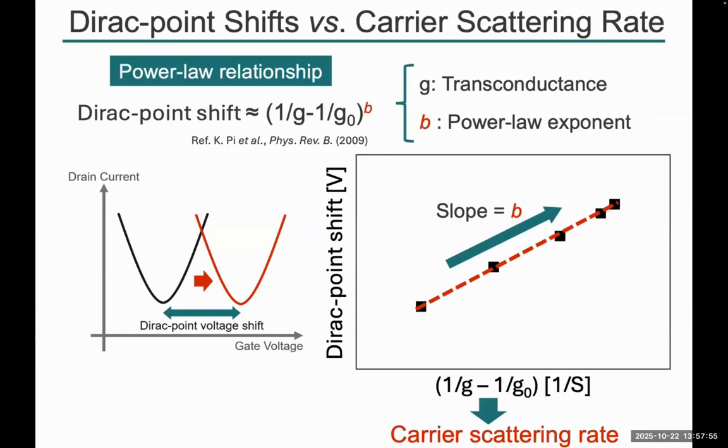Here is a plot of the Dirac-point shift versus the carrier scattering rate. This graph is on a log scale, so the slope of this fitting line is equal to the power law exponent.